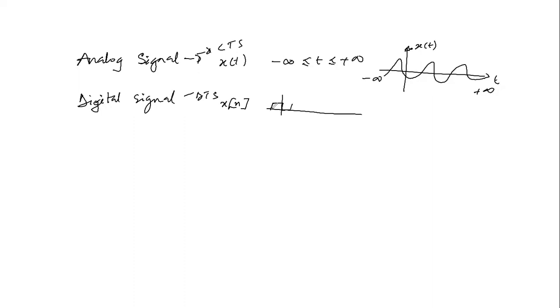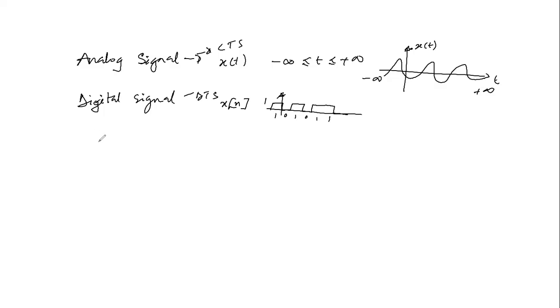Say this is a 1, this is a 0, this is a 1, this is a 0, this is a 1, this is a 1. So here you see that the amplitude parameter takes on a finite number of values, that is, 1 or 0.